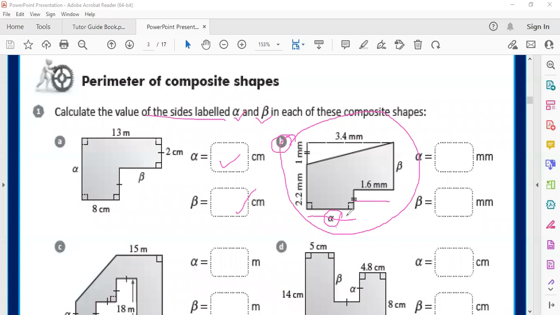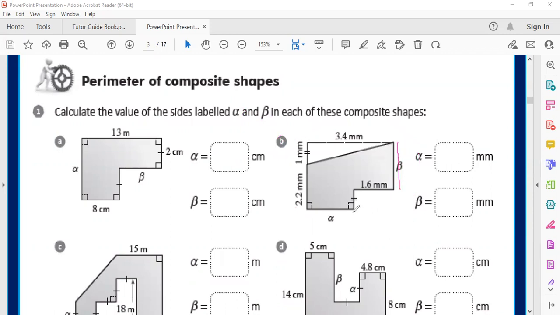So the value for alpha is 3.4 minus 1.6. And well done, Tristan. So it's 1.8 millimeters. Now, how about beta? What is the value for this? This can be a little tricky. How do I find this?